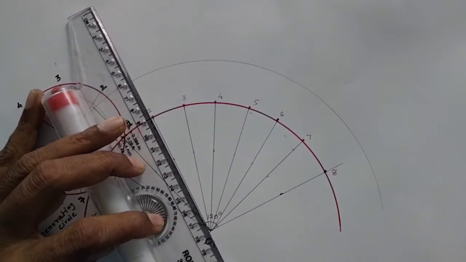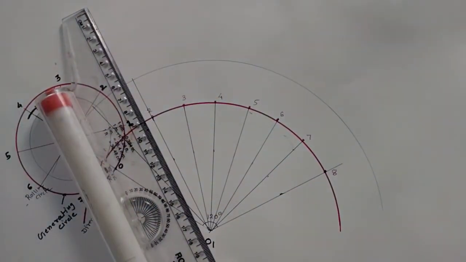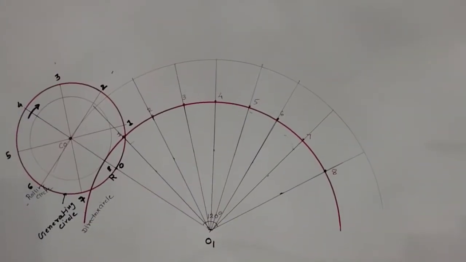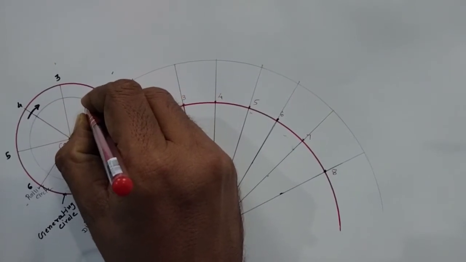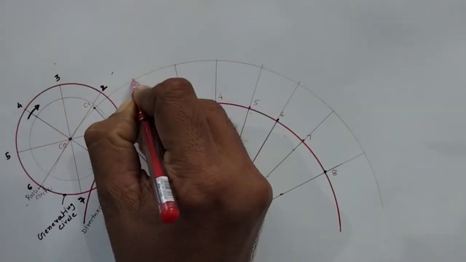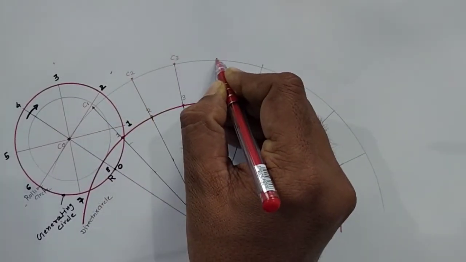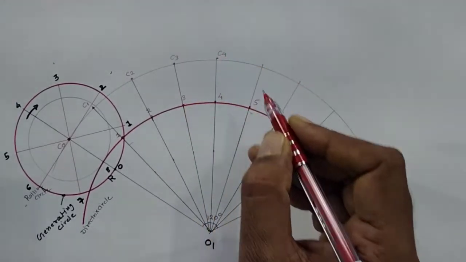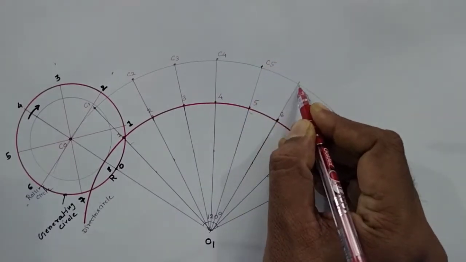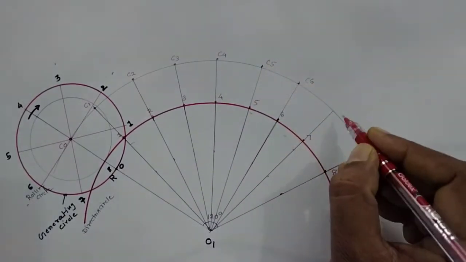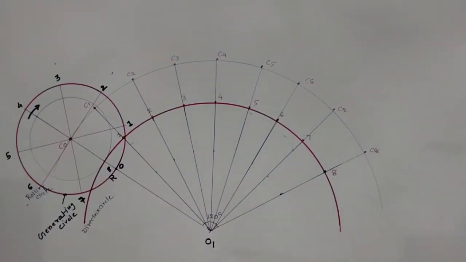Similarly, we extend our line O1 to. Now we have all the centers. This is my C1, this is our C2 center, this is our C3, C4, C5, C6, C7, C8.